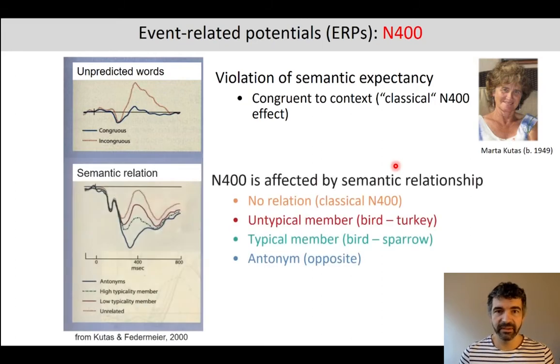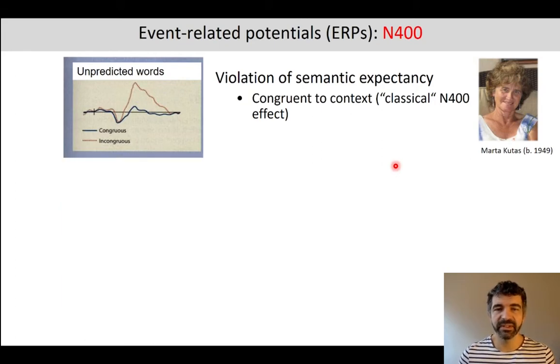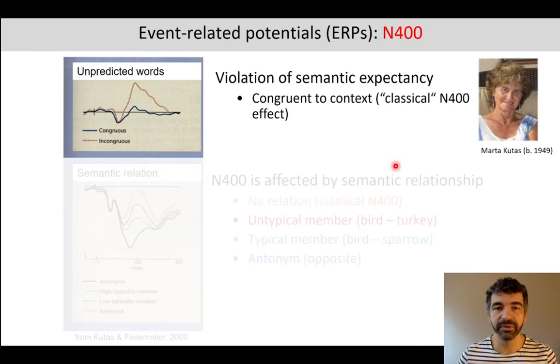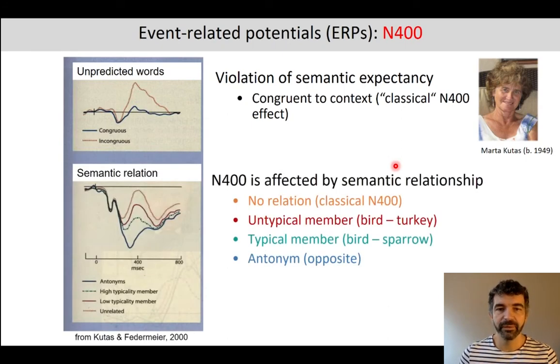So basically the idea is that you build up some expectation of which words would likely come, and then if another word comes, this needs further processing to implement that into the semantic processing, and this effort is reflected in a deviation in the ERP component.